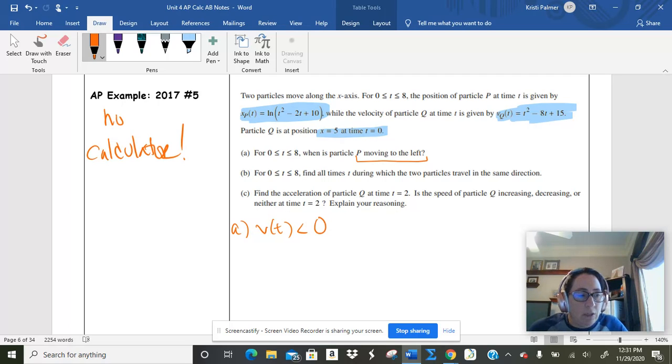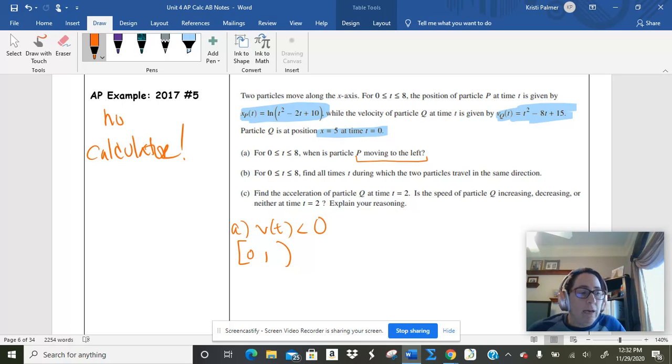So I want you to go find that and see if you can answer when particle P is moving to the left. I got from 0 to 1. That's a 1. I'm going to have it open or closed here. If you need help with that, let me know.